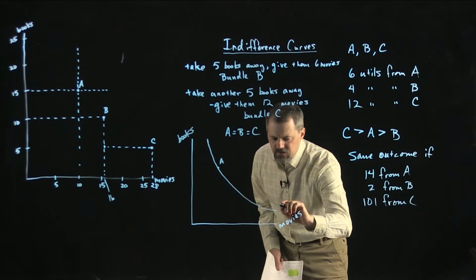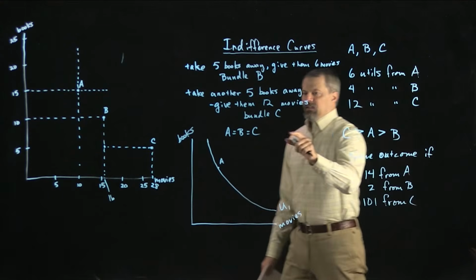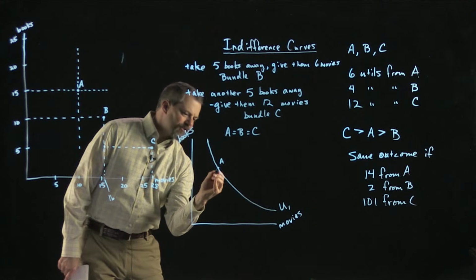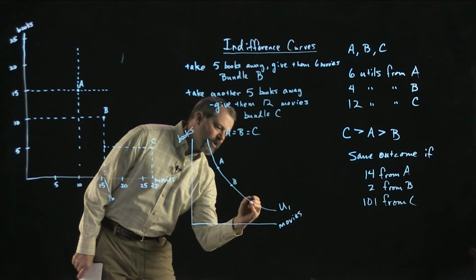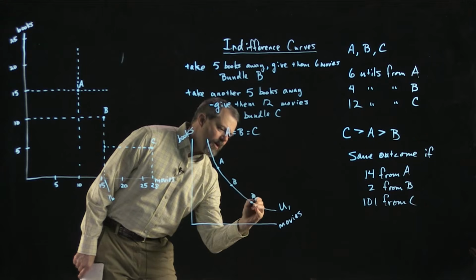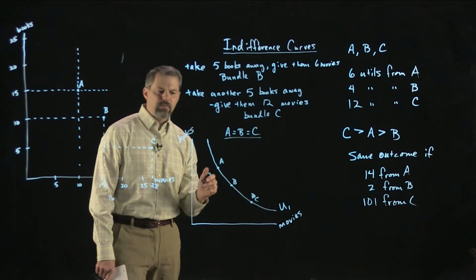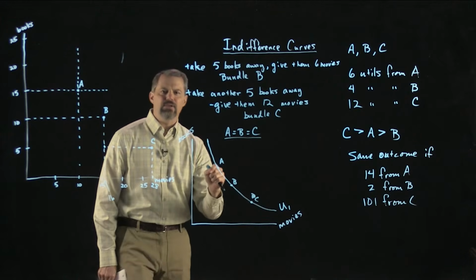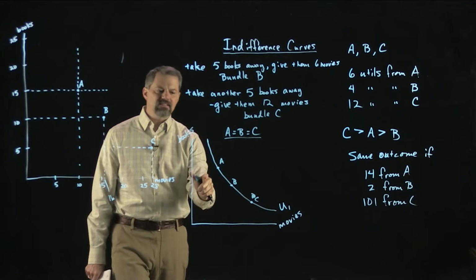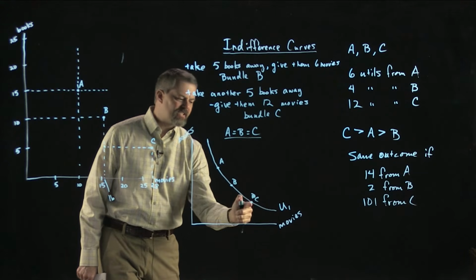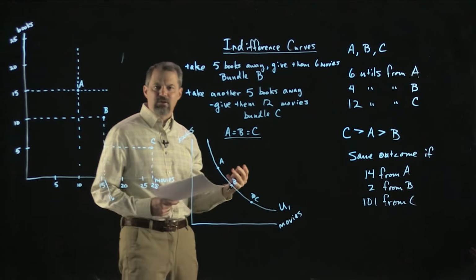We're going to call it U1, because remember, any point on this indifference curve, whether it's A or B or C, all of those points give us the same number of utils. If we plug any of these bundles into the utility function, we will get the same number out. The consumer doesn't care whether they're at A or B or C or this bundle down here or that bundle up there. They're indifferent between all of them.